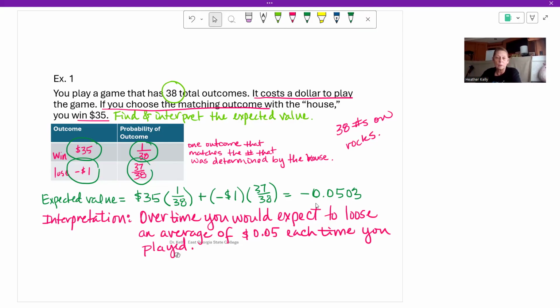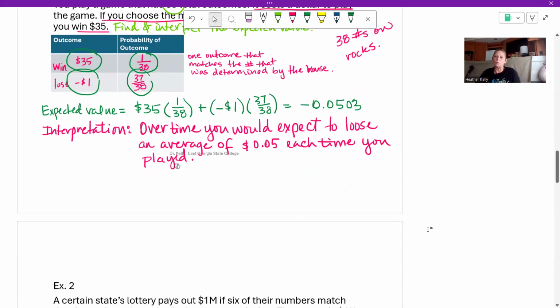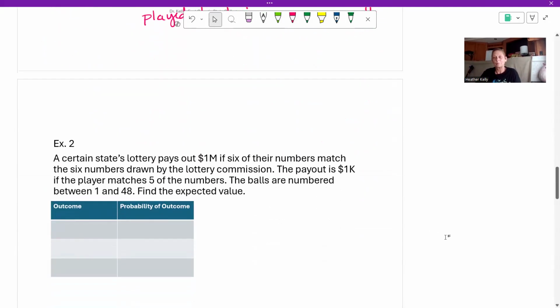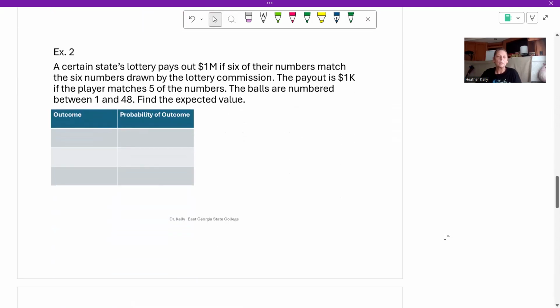Somebody might think, well, I only lose about 5 cents every time. It's worth me losing 5 cents to maybe gain $35 in the long run. That's some logic that could be used.